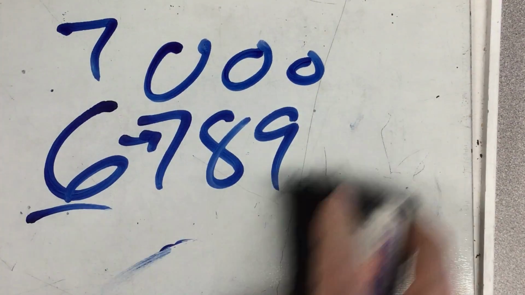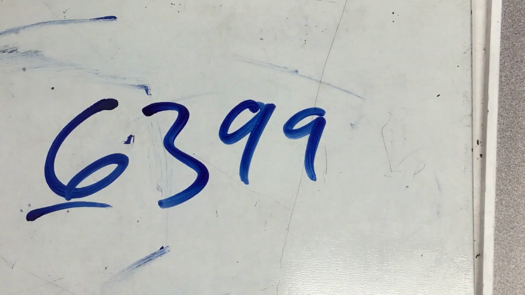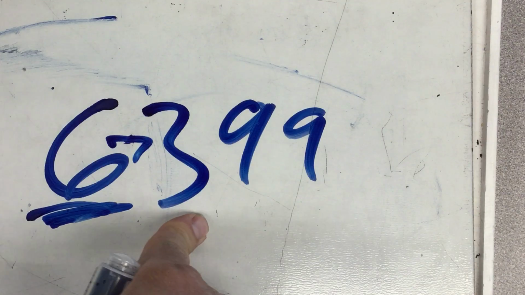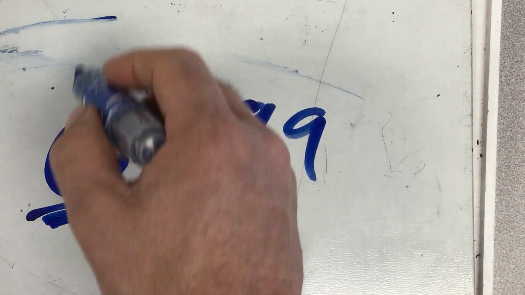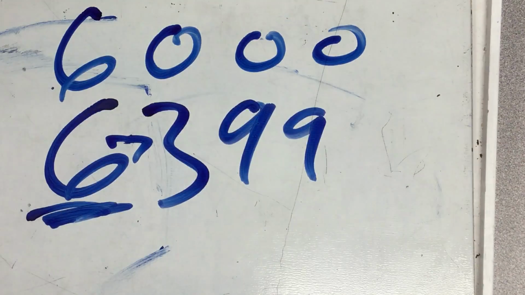If it was 6,399, going to the nearest 1,000, I look to my right, 5 or above, no. So you just keep the 6 and make the rest of them zeros.